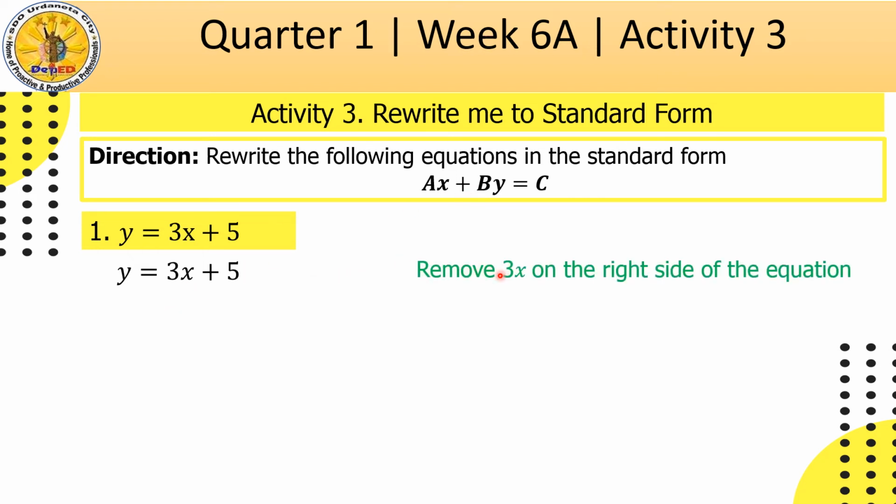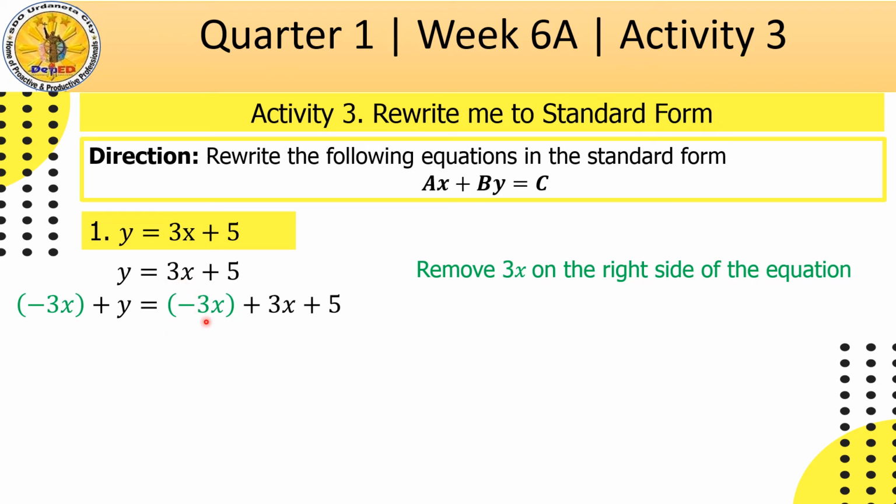So we need to remove the 3x here so that what is left is the constant 5. To remove it, we're just going to add the additive inverse of 3x, and that is negative 3x.